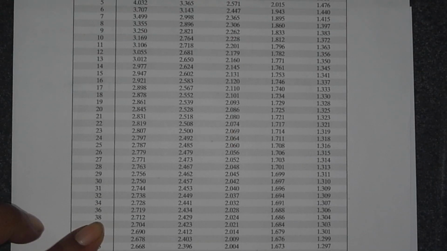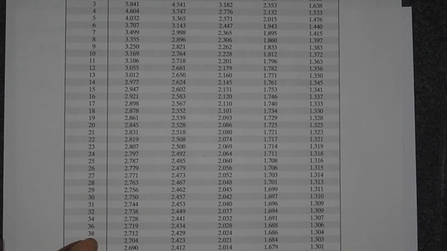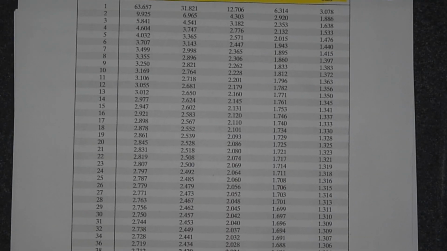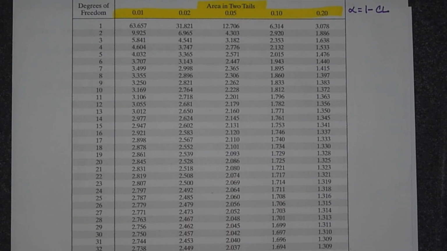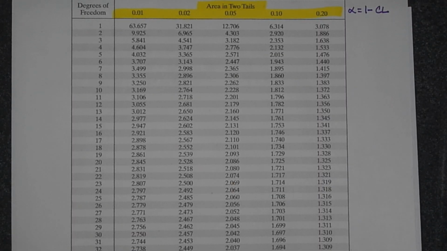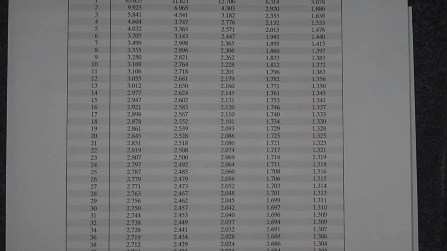Well, the closest to 39 will have to be, let's say, 38. And we're going to find 0.05. Yes. So if it says 39, it was 38 before. Good question. Because I did have a table that had like 39 on it.